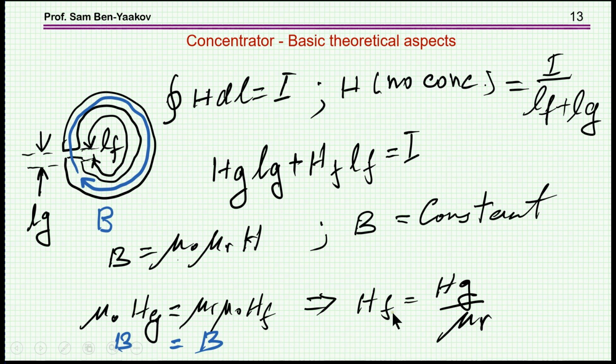Just from here I get this, which shows that the magnetic field within this ferromagnetic media is smaller by mu sub r than the magnetic field within the gap, or what is more important, the magnetic field within the gap is larger than here by mu r. Mu r for ferromagnetic material is in the thousands, 3,000, 4,000, or even higher, some materials would have 10,000 values, so this is a large number.